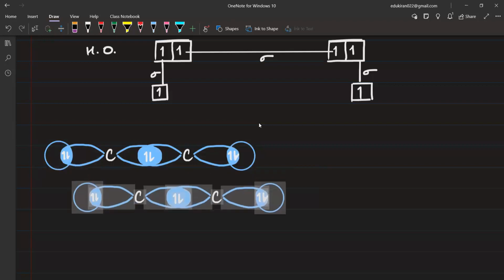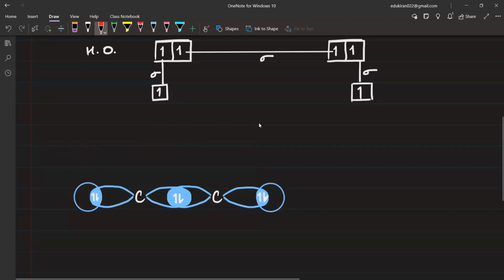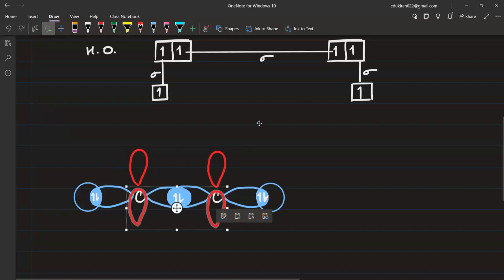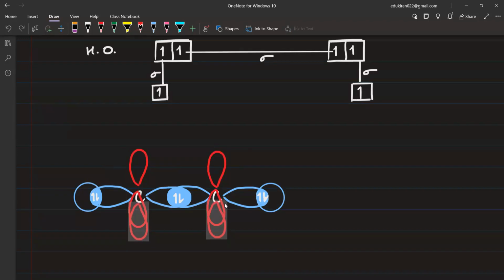In order to make pure p orbitals, I have to draw something like this. So this is one p orbital, and this p will be interacting with each other like this. And then there will be another p orbital.